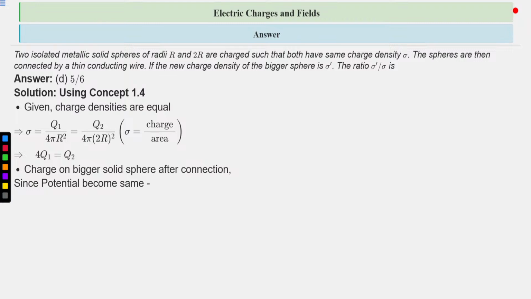The potential on the surface of a charged metallic sphere is kq by r, where q is the charge on the solid sphere and r is the radius. So here, because the potential on both surfaces is equal, kq1 prime upon r1 is equal to kq2 prime upon r2, and mark this as equation 1.